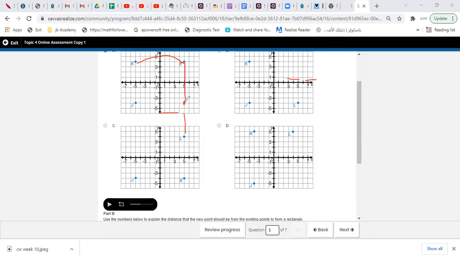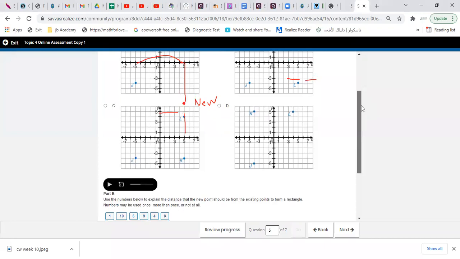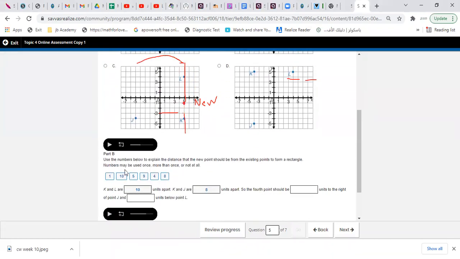The distance between J and the new point should be the same as the distance between K and L, so it is 10. And from L, it should be 8, to have congruent sides. So we need 10 and 8 because the opposite sides are congruent.